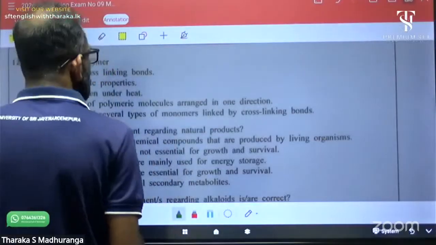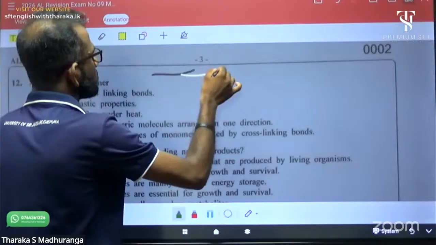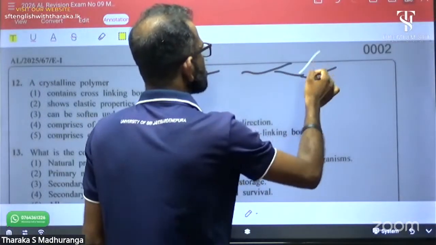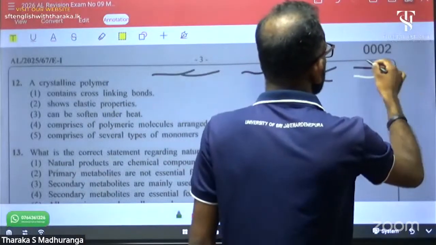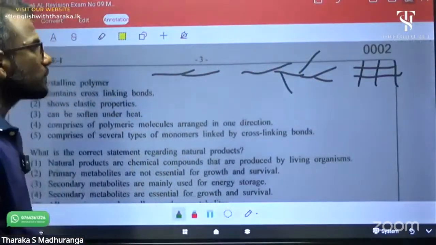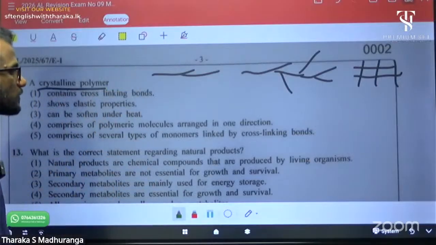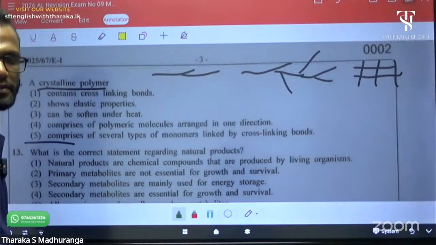I have given linear type polymers, linear polymers with branches, and polymers with cross linkage. Crystalline polymers are complex ones with cross linkage.